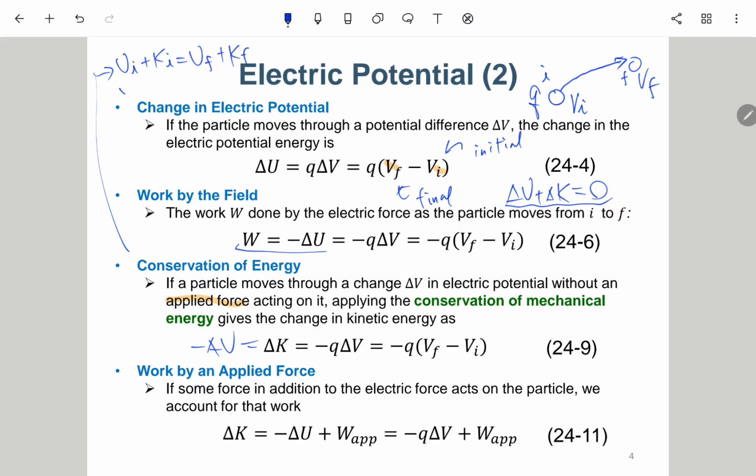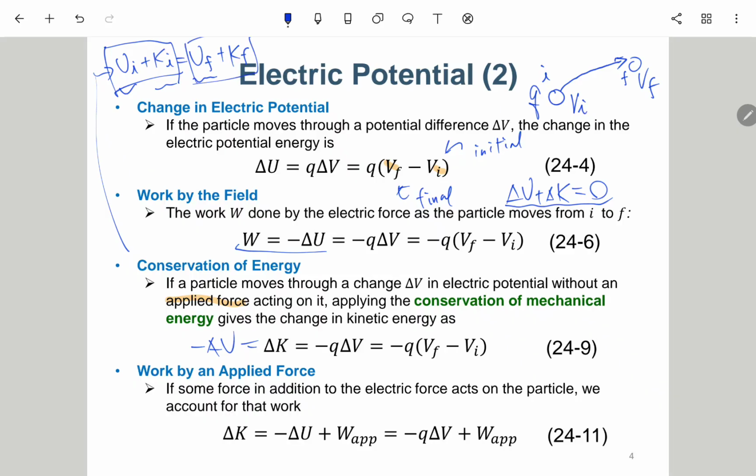This is the initial potential and the initial kinetic energy, and the sum of it will be the total mechanical energy at the final stage, which is UF plus KF. So on the left side, it is the total mechanical energy at point I, and on the right the total mechanical energy at point F.